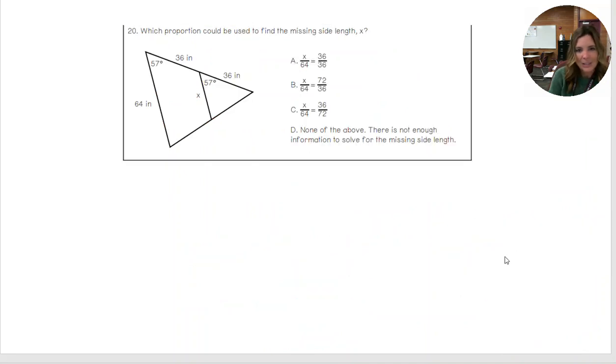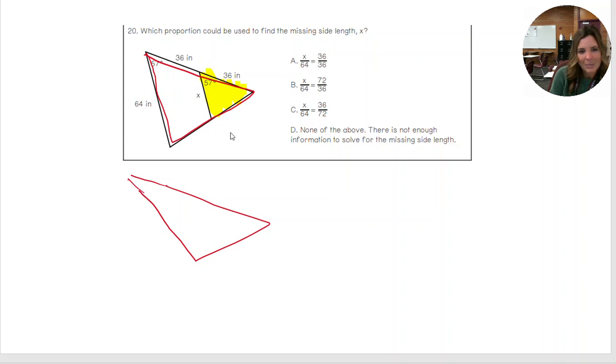Okay, last question. This is the most missed question. What I want you to recognize here is that we have a big triangle and we have a smaller triangle right here. And I am just going to pull those apart. So I have this big red one.